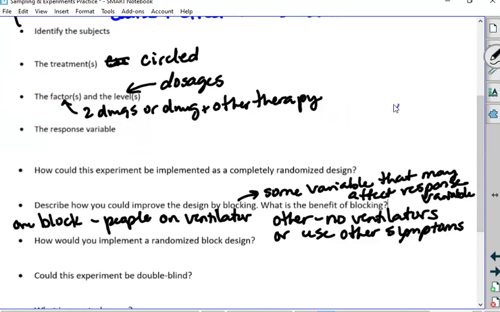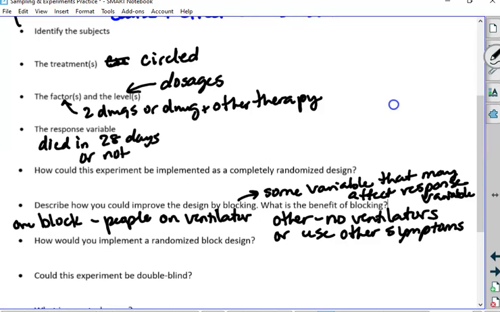So what might they measure? What does it look like they measured in this experiment for the response variable? Okay, death, but let's be a little more specific. So this could be a proportion of people who died, that we could measure whether they died in 28 days or not.